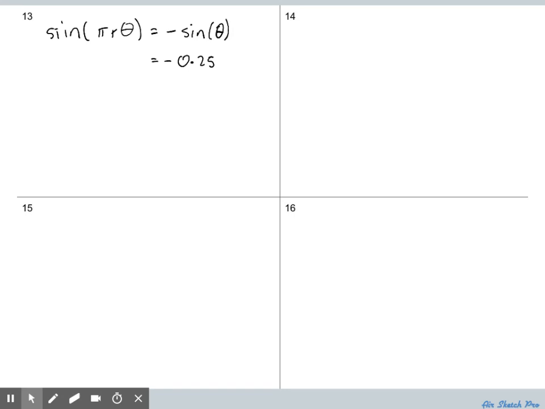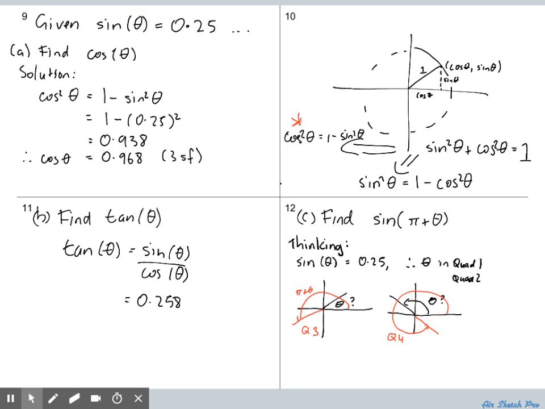And in a similar way, if sine of theta is equal to, I'm just going to make a value up, say negative 0.2, then that would mean, I'm not going to draw it in, that it would be in quadrant 3 or quadrant 4, and adding pi to it would get it either into quadrant 1 or quadrant 2. So it still flips the sign.